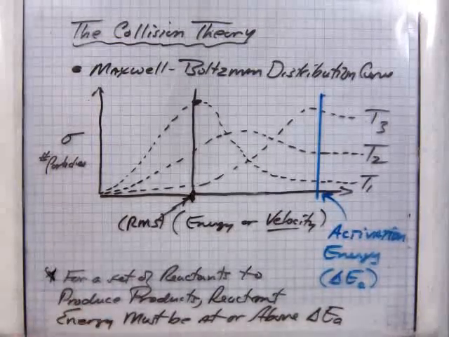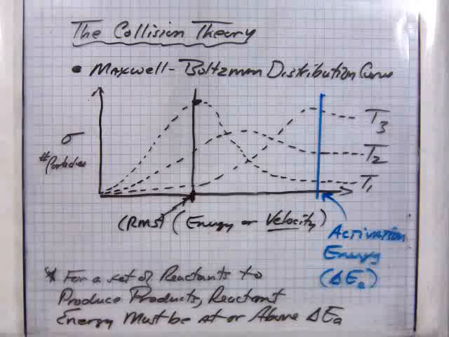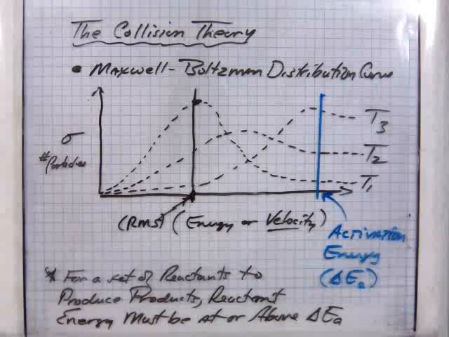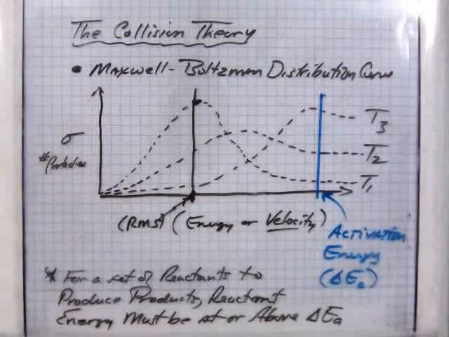That's an absolute law in terms of chemical reactions. Energy must be at or above that blue line for all the particles. So hence, justification for, say, heating a reaction environment until it starts producing products. And then it may not produce a 100% yield for you.